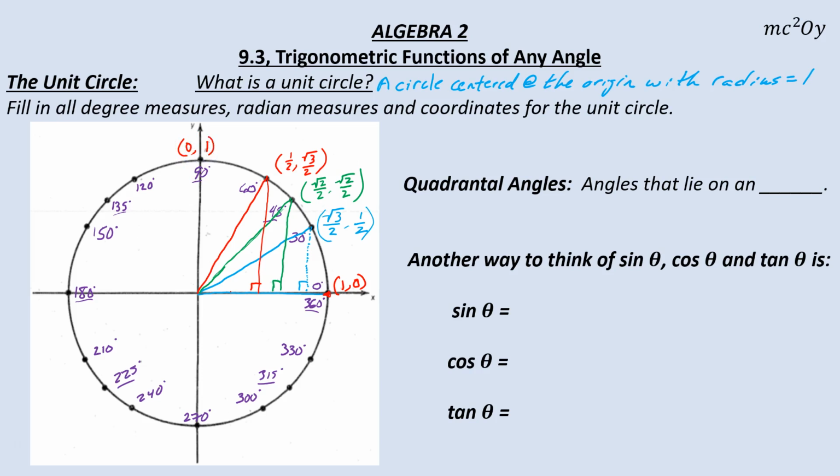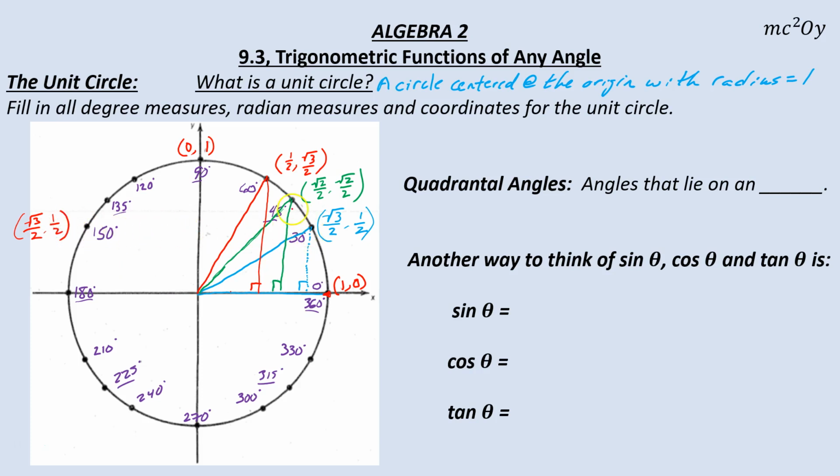Now the cool thing about this, you can complete the whole unit circle. Right? You can rotate the root 3 over 2 over here, and the 1/2, because this is the same triangle. It's just dropping down to here, as this one over here is. So this is root 3 over 2, 1/2.